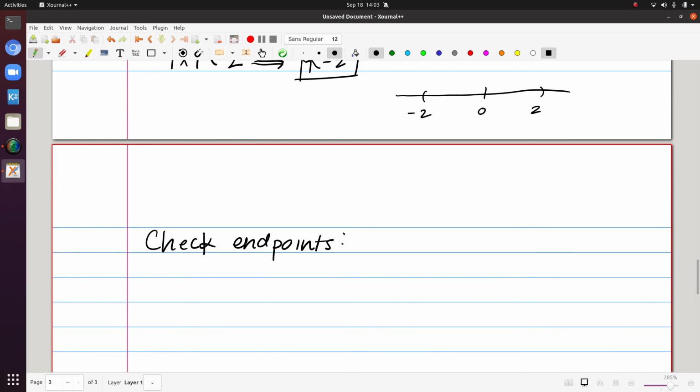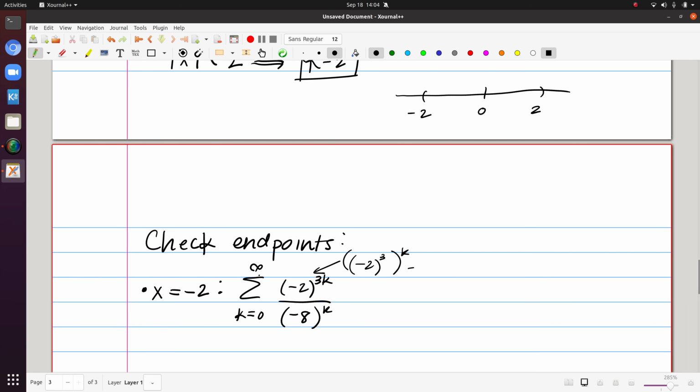And that requires me to plug them in one at a time. So if I look at -2 and plug that into my original power series, that's going to give me -2 to the 3k over -8 to the k. Notice that -2 to the 3k is -2 cubed to the k. That's just -8 to the k.